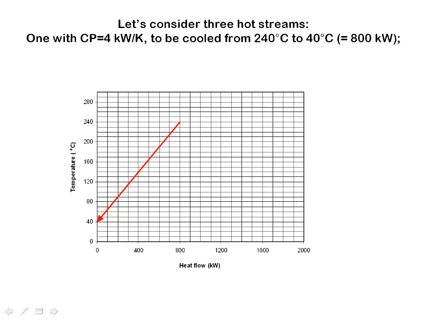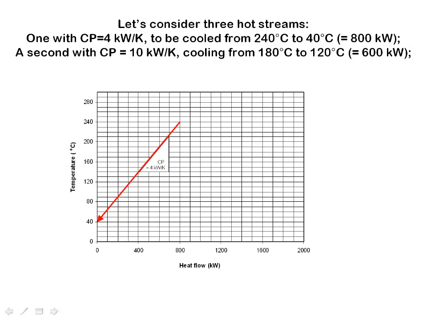We're going to introduce a second hot stream. There's the slope of the hot stream indicated by the flowing heat capacity of 4 kilowatts per Kelvin. Now we're going to introduce a second hot stream, this one with a flowing heat capacity of 10 kilowatts per Kelvin.